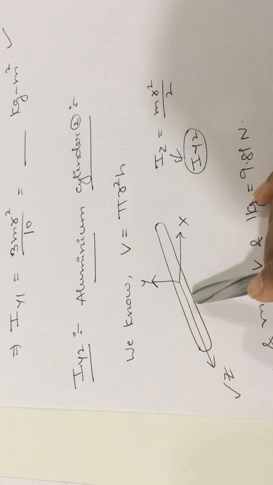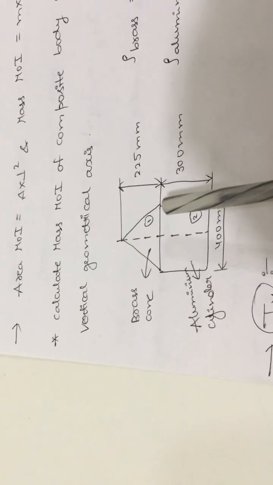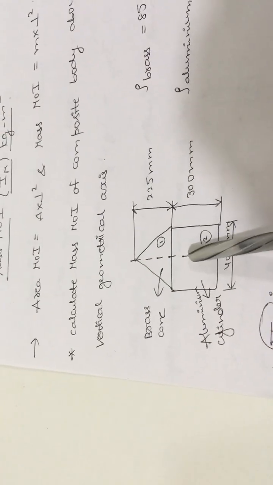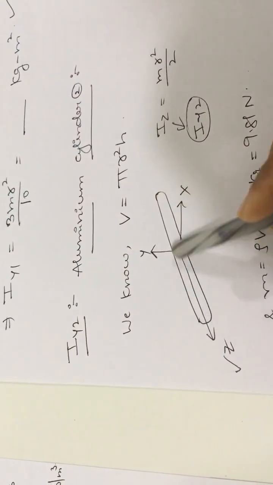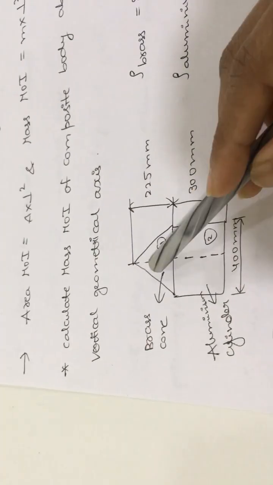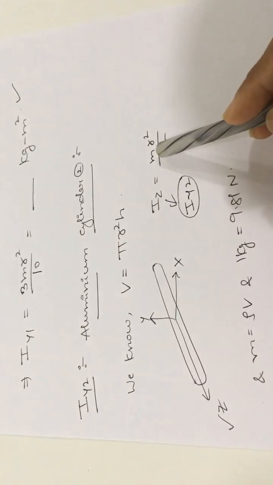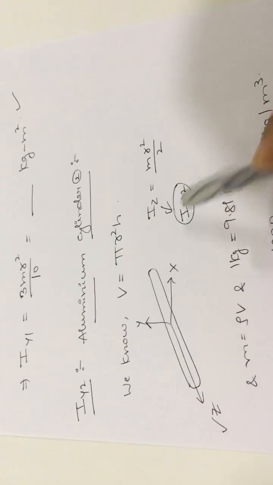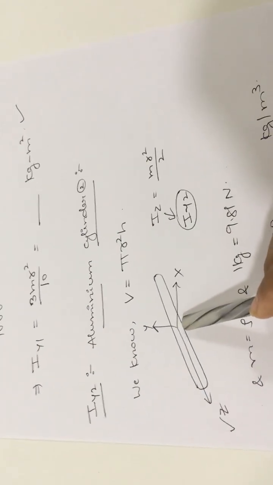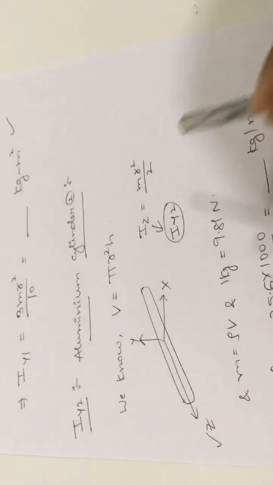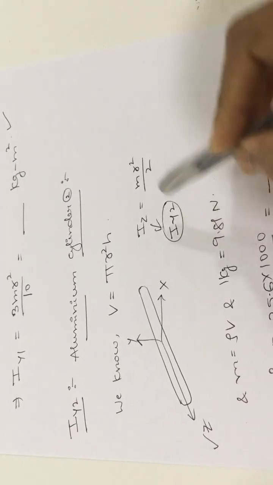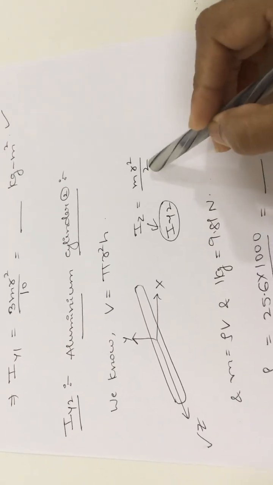Now observe this default diagram with our problem diagram given in the question. The z-axis in the default diagram is nothing but the y-axis in our problem diagram. That is, the Iz formula is nothing but the Iy formula for our aluminium cylinder. So the Iy formula for our problem will be m r square by 2.